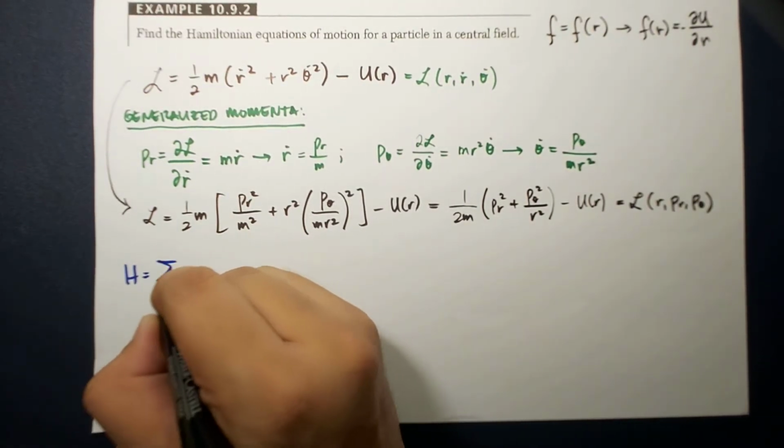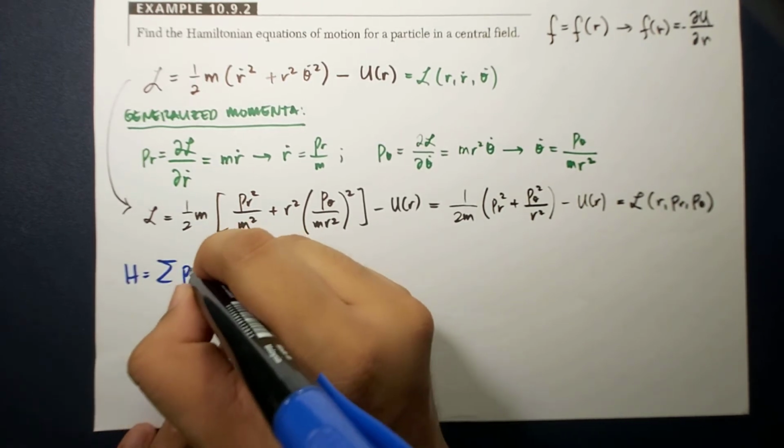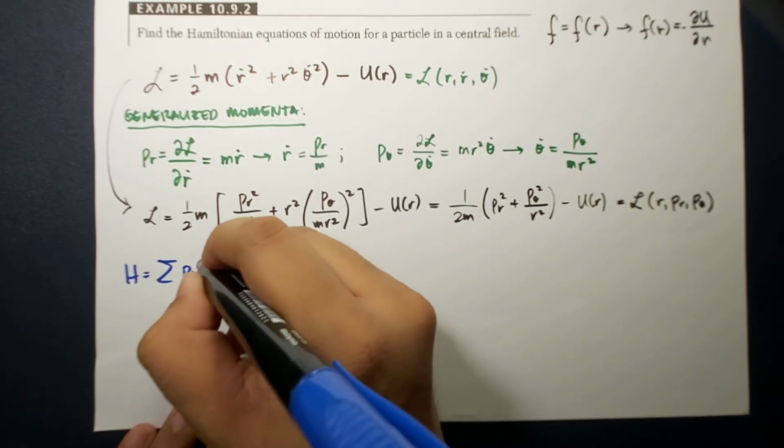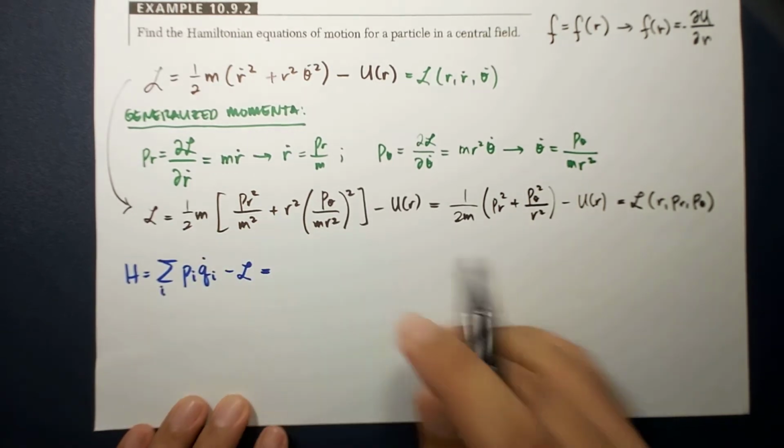So therefore, the Hamiltonian, which is the sum of p i q i dot for all i, minus the Lagrangian.